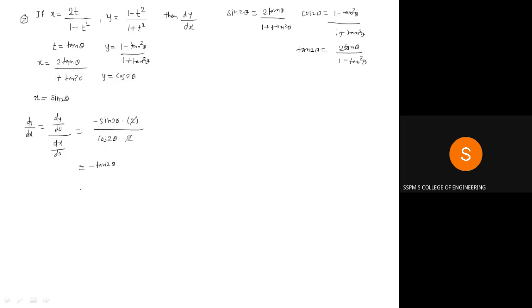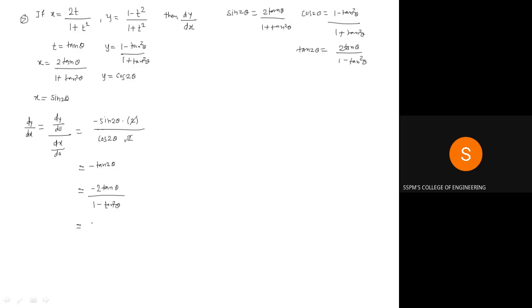So do you know the formula of tan 2 theta? I have already said that formula. So minus, follow: 2 tan theta upon 1 minus tan square theta. This is the formula of tan 2 theta. And we initially substituted tan theta is equal to t.